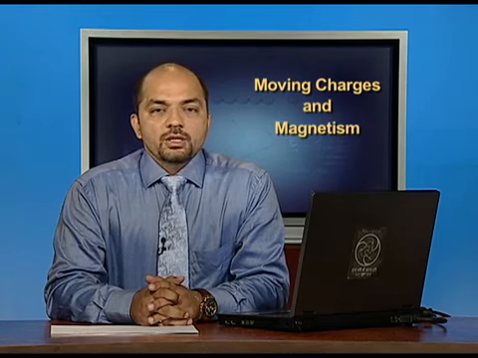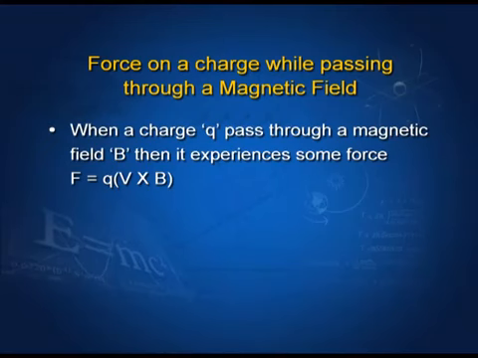Combining all these parameters, we obtain F is directly proportional to Q V B sin theta. Putting a coefficient of proportionality K equal to 1, we get F equals Q V B sin theta. In the vector form, we can write F equals Q V cross B.